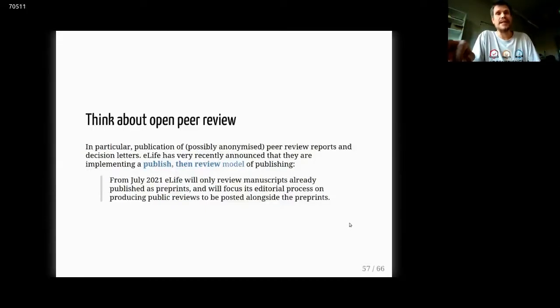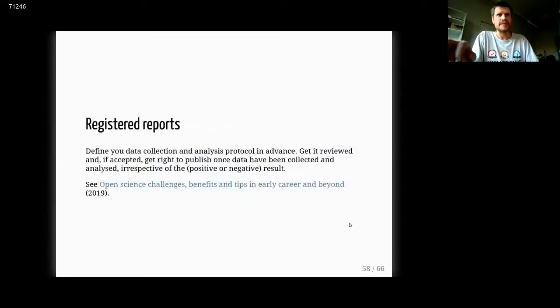And very recently, eLife have mentioned that they're going to implement the publish-then-review model, and I think that is really groundbreaking. From July on, eLife will only review manuscripts that are already published as preprints, and they will focus their whole editorial process on producing public reviews to be posted along the preprints. That is absolutely amazing.